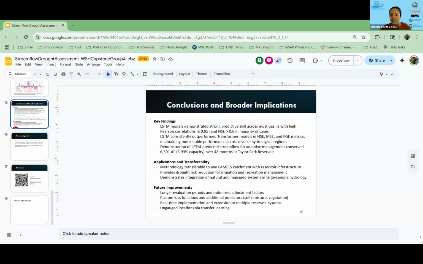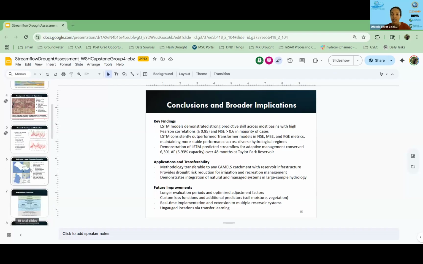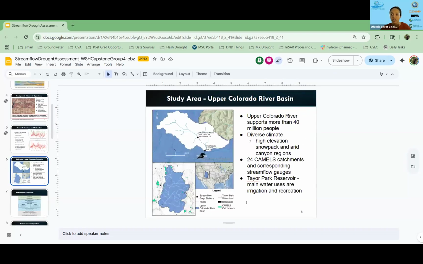Well, that's a good question. Yes, that is one of the disadvantages of having CAMELS data because they're naturalized data sets. We considered this to be an addition to those natural data sets where we integrate managed systems. Like we showed in the study area map, just downstream of that specific CAMELS catchment, we have a reservoir, and that reservoir is influenced by those naturalized inflows into that reservoir.